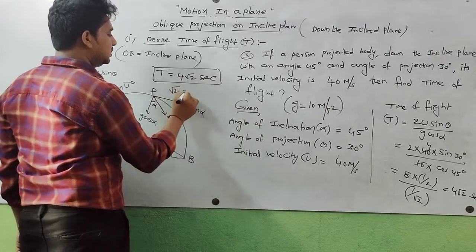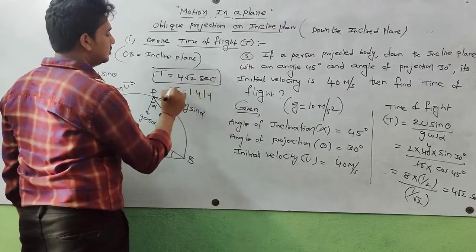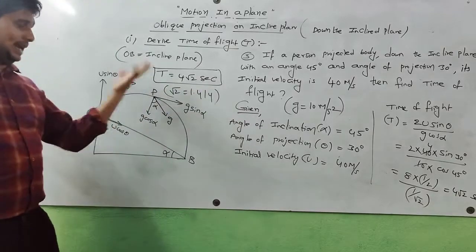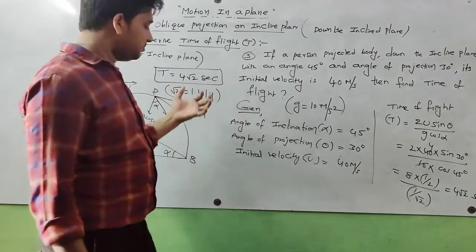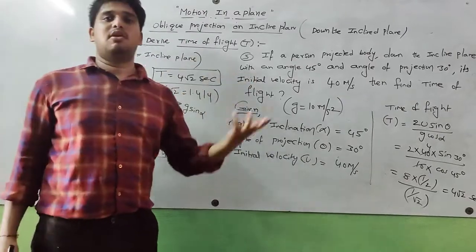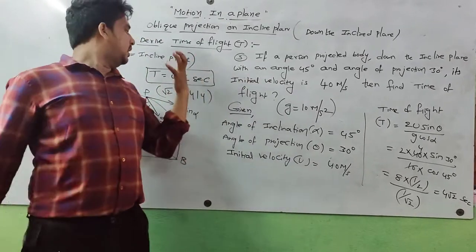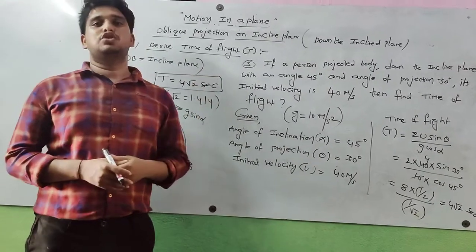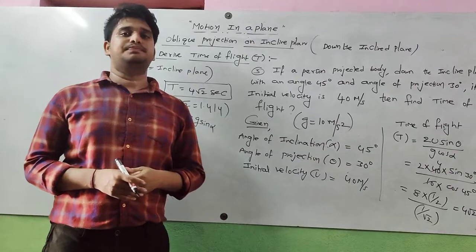Here root 2 value is 1.414; if you substitute 1.414, we get the time of flight in decimal value. So the total time of flight answer is 4 root 2 seconds. So this is the solution for this question.